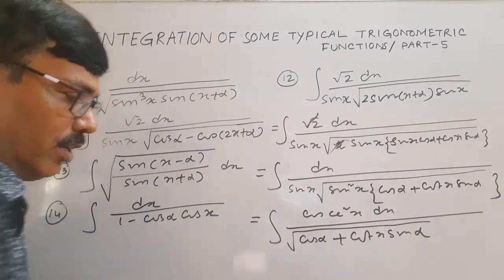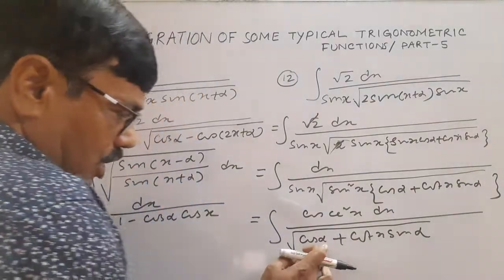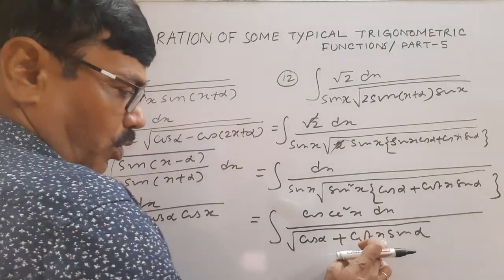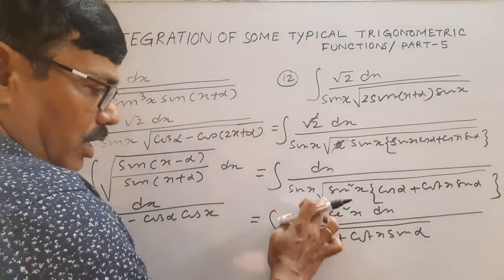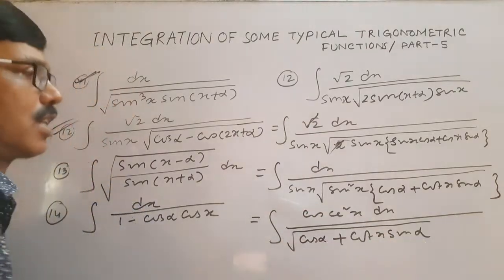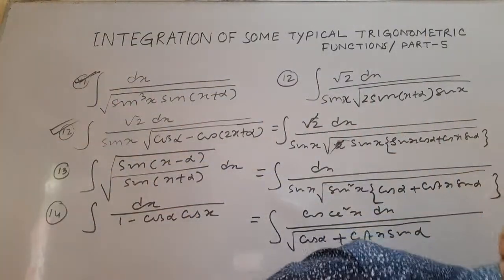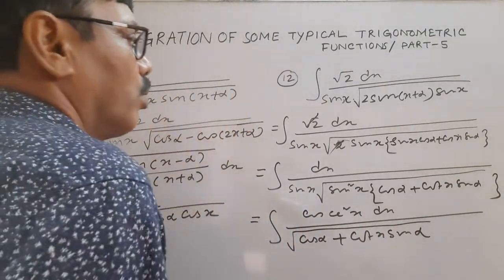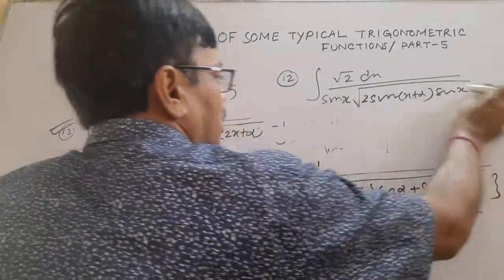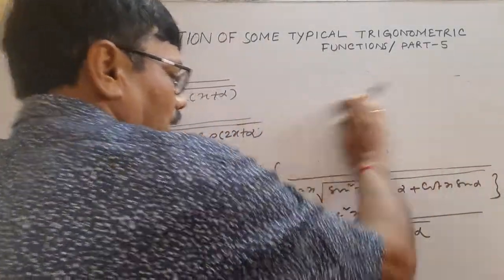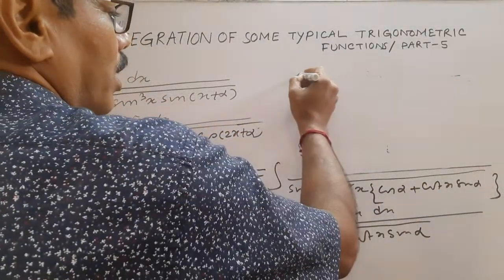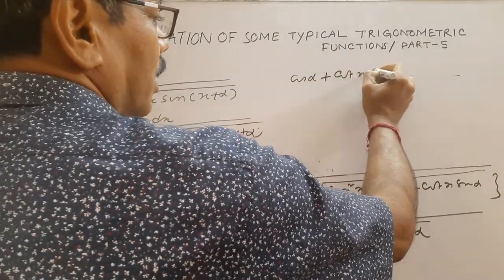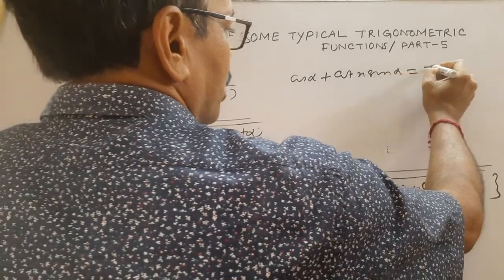Now look at the denominator. Cos alpha is constant, its derivative is 0. Cot x has derivative cosec square x, and we have cosec square x there. So we have to put a transformation to make it standard form. What is the transformation? The denominator is within the root, so cos alpha plus cot x sin alpha equals z square.